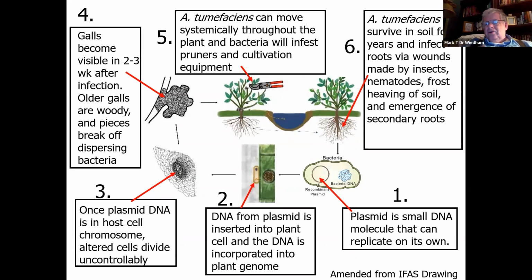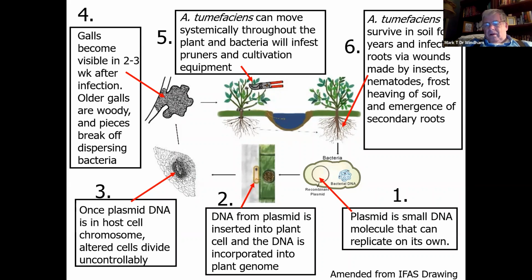It can't get into another root from another rose unless there's a wound. That wound is going to be made by insects, nematodes, frost heaving, and here's the key, emergence of secondary roots. When a secondary root pushes out of the primary root, it actually causes a wound, and the bacterium can get in through that.